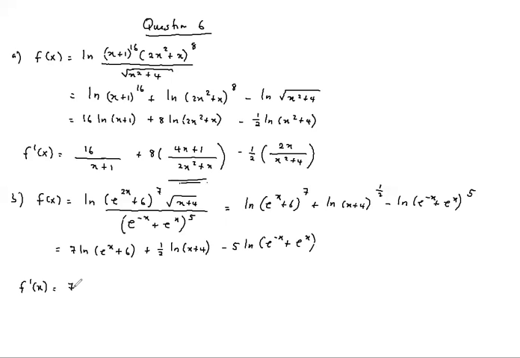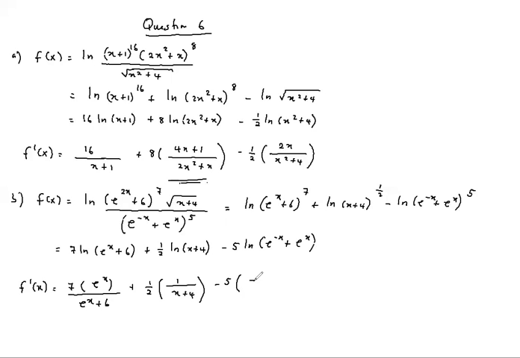So you keep the 7. What's the derivative of e to the x plus 6? It will be e to the x, and then divided by the whole thing inside ln, plus half. What's the derivative of x plus 4? The derivative of x is 1, for 4 is 0, over x plus 4, minus 5. What's the derivative of e to the negative x plus e to the x?